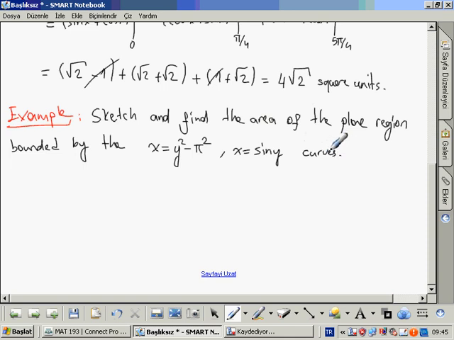Firstly, we will try to sketch, and after that we will try to find the area.